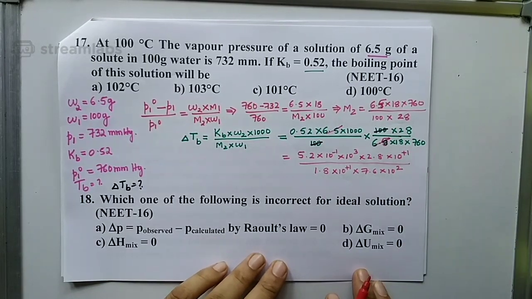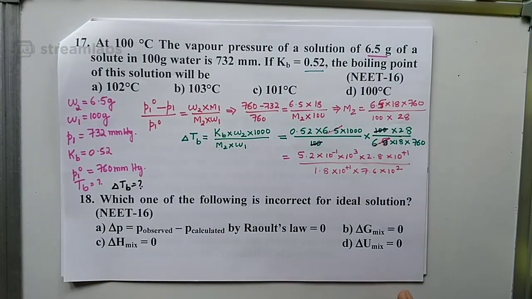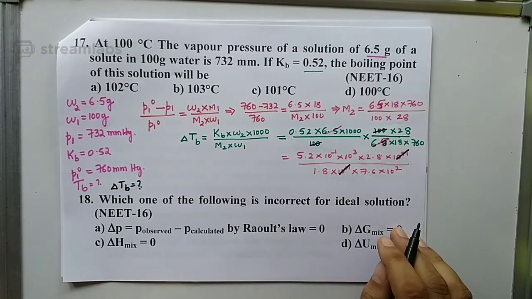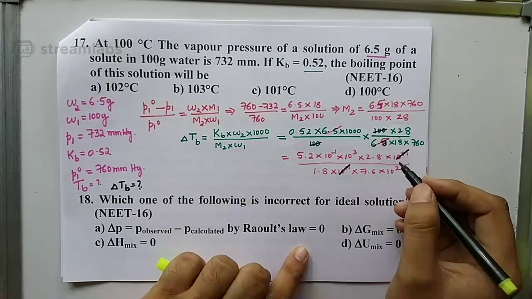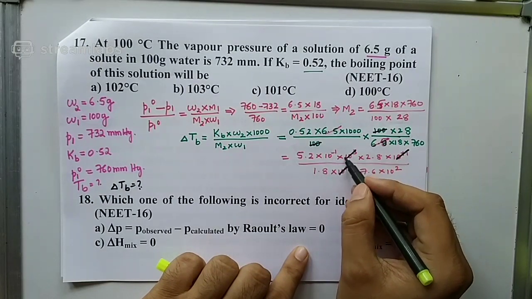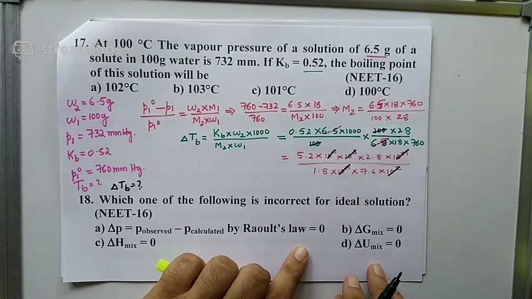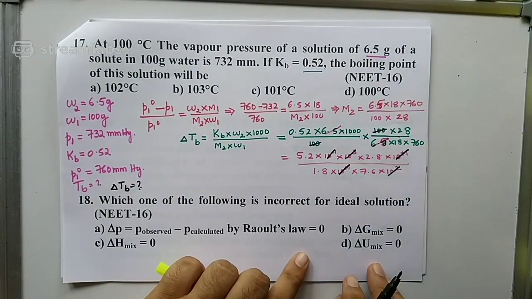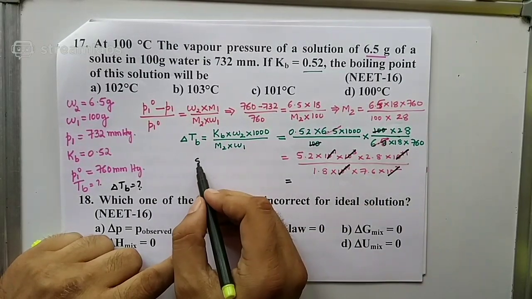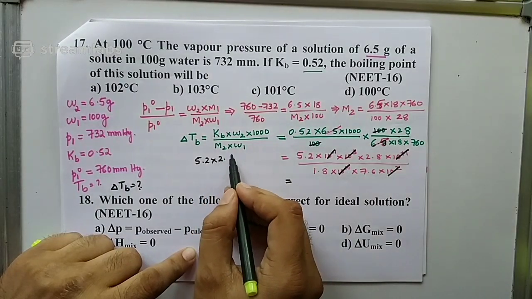So you can easily cancel certain numbers. This 10 to the power of plus 1 cancels, this 10 to the power of minus 1 and 10 to the power of plus 3 become 10 to the power of 2, and this 10 to the power of 2 cancels. Ultimately we are remaining with 5.2 into 2.8.